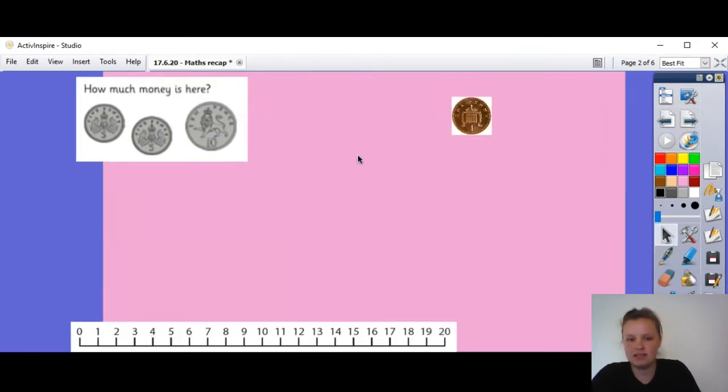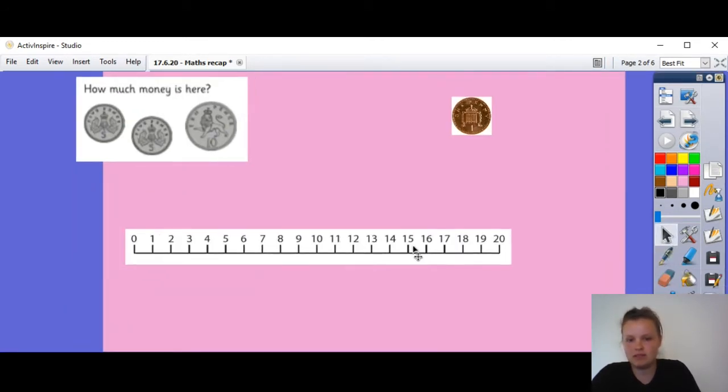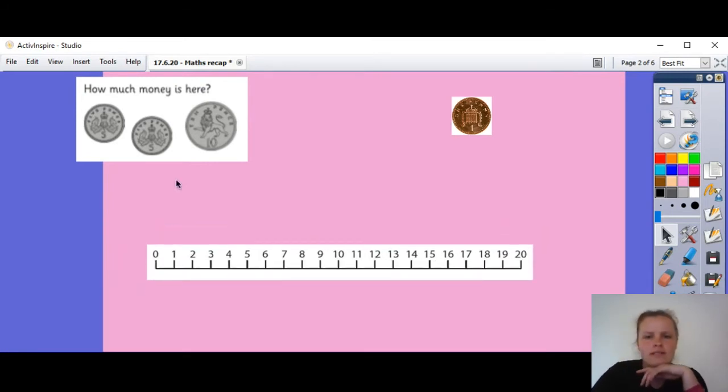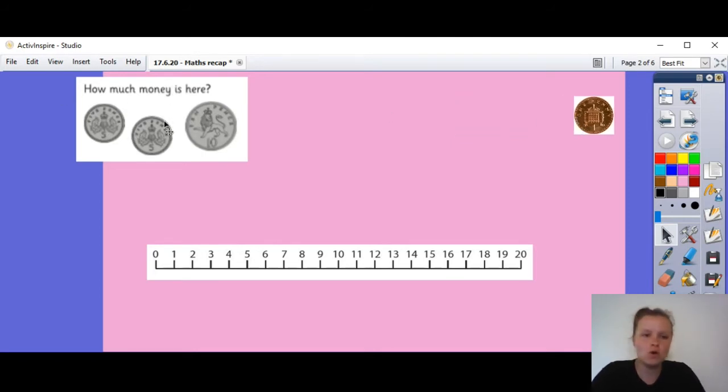Money. Let's bring up this number line so we can see it. We have got some coins here, and it's asking us how much is here. First of all, we need to work out what coins are here. Can you work out what coins we have in this box?